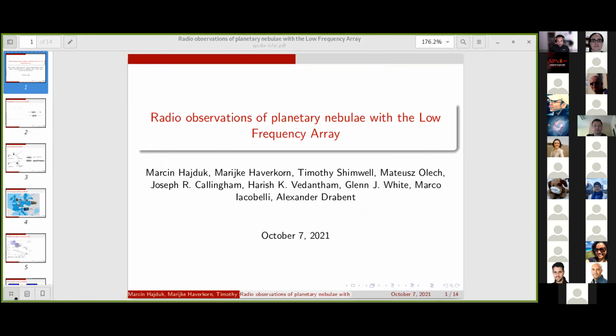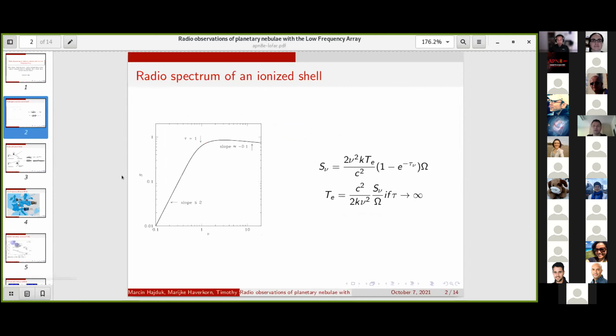So I'll talk about the application of the LOw Frequency ARray for observations of radio continuum from planetary nebulae. The spectrum of the ionized shell looks like this at low frequencies.